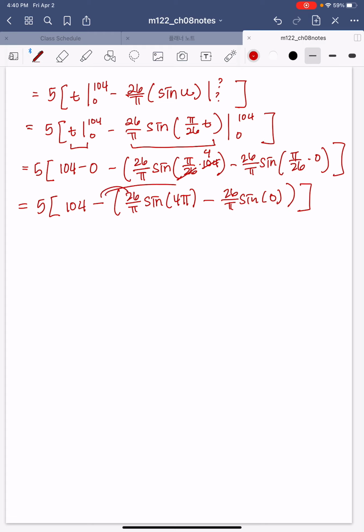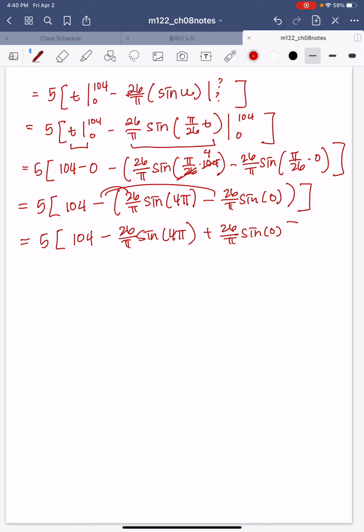Okay, distributing all the negative, 5 times 104 minus 26 over pi sine 4 pi, and then plus 26 over pi sine of 0.